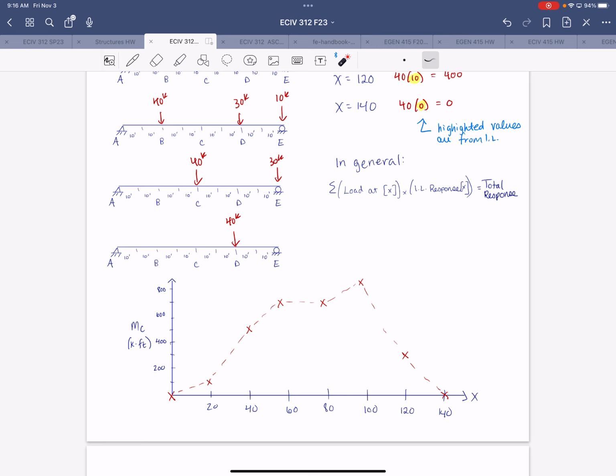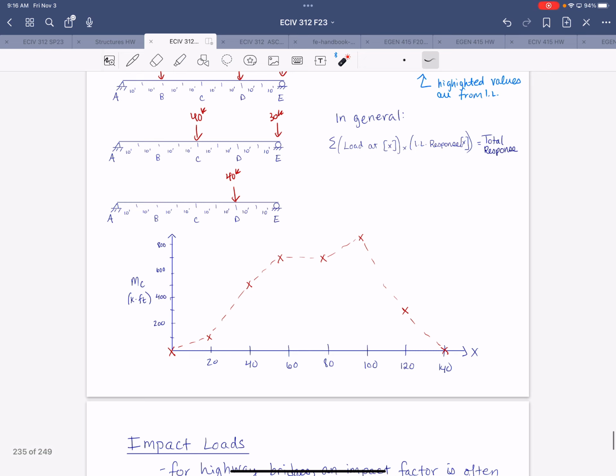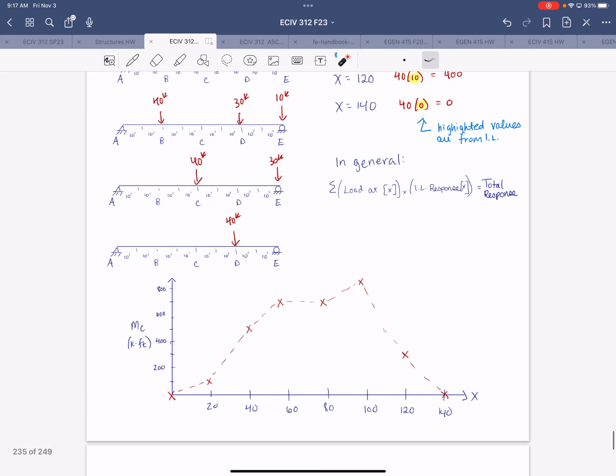There could be a point that we didn't calculate that's going to break that slope up one way or another. So that's why I drew it that way. Any questions on that? Okay.